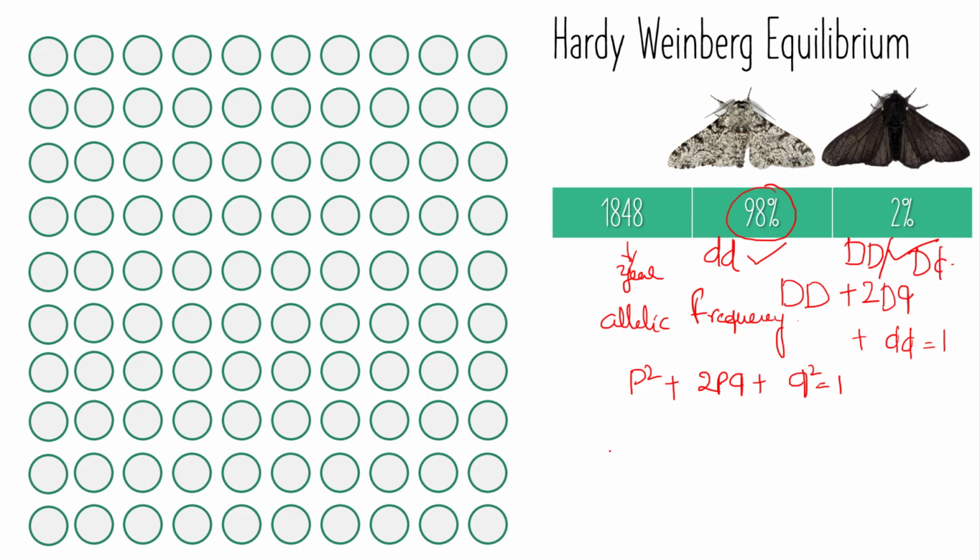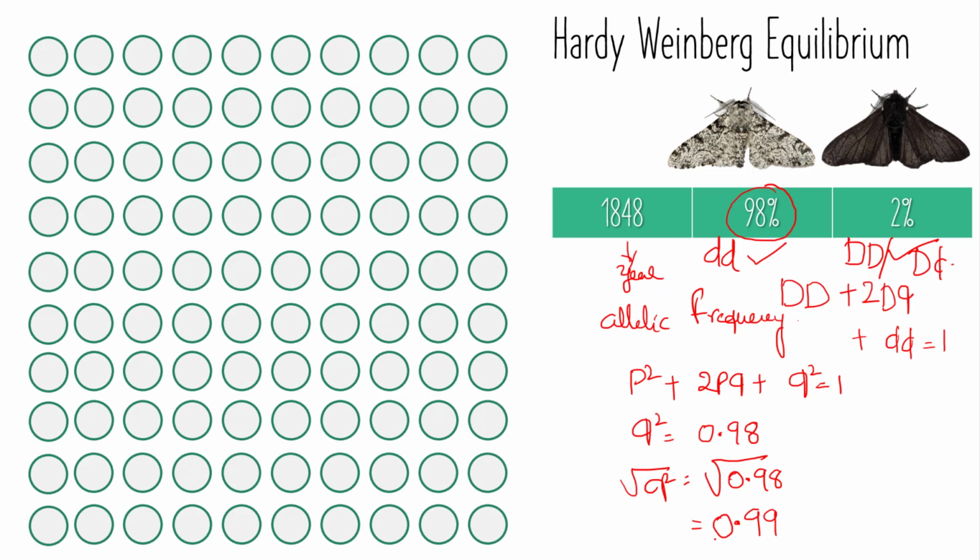Now you can substitute these values in this equation. q square is equal to, when we convert 98% into decimal, 0.98. If you take the square root of this, 0.98 roughly comes to 0.99, which is the allelic frequency of the light colored pepper moth.